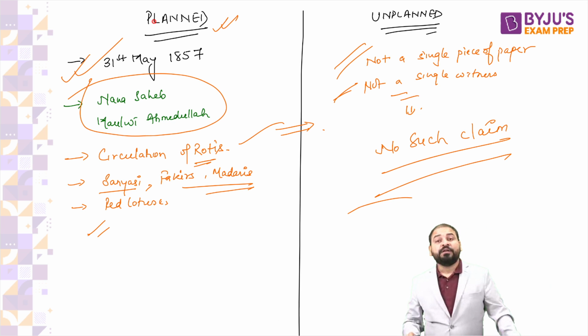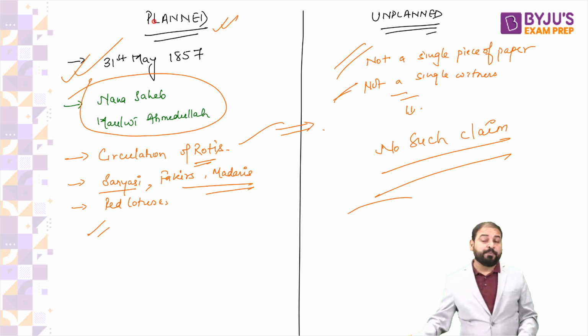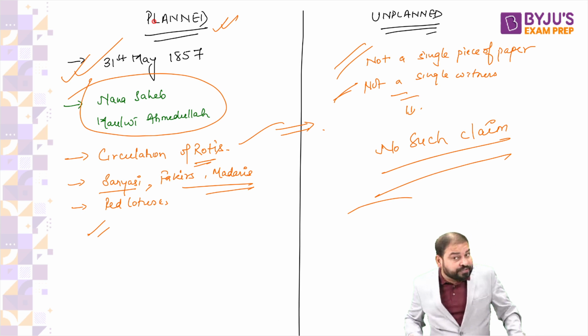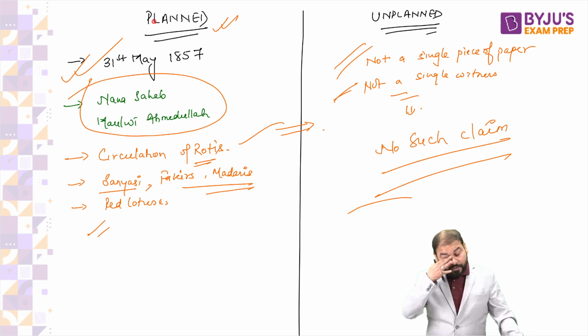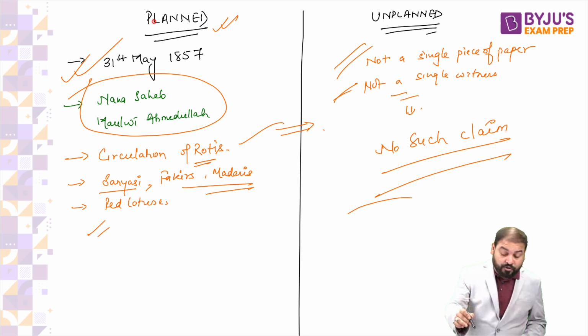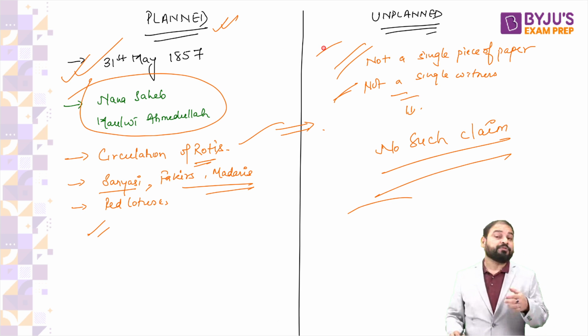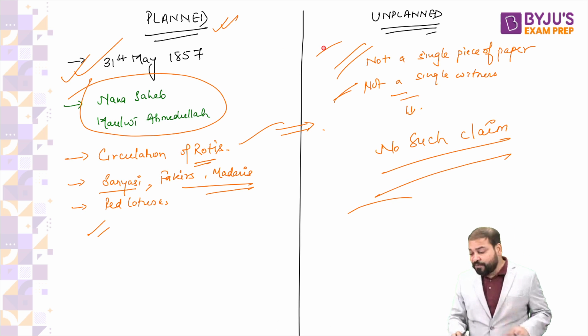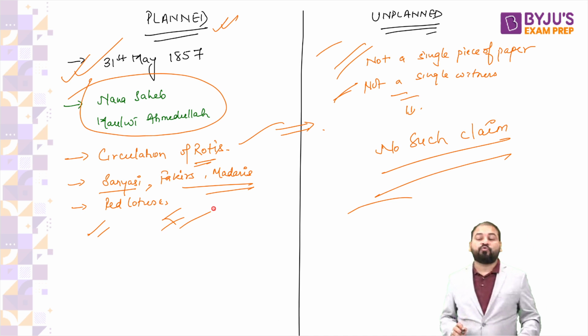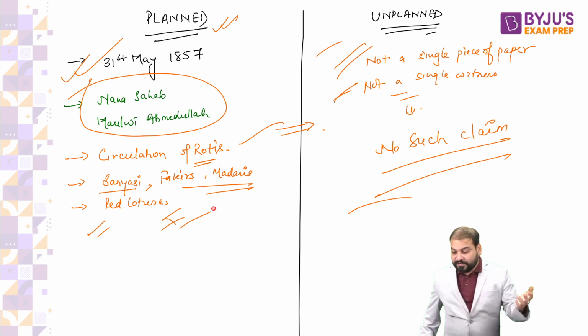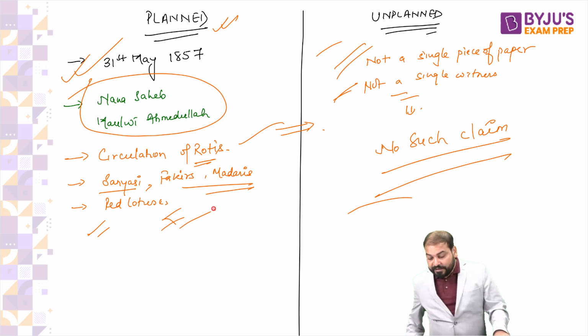But then, sir, there are other set of historians who believe that because not a single witness came, not a single piece of paper can be seen, based on this, we cannot say that this was planned. But if you ask me my opinion would be, I tend to go towards the planned one. That's how you answer this. Getting my point?